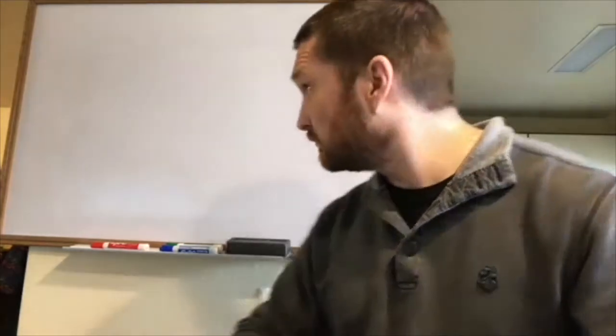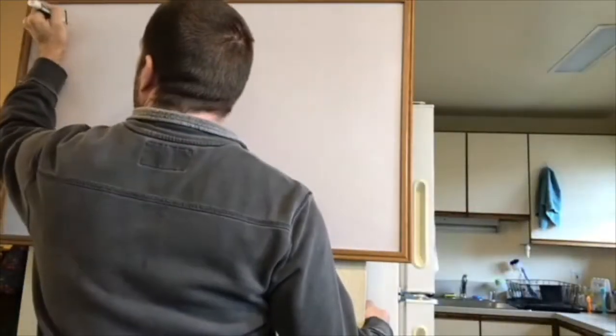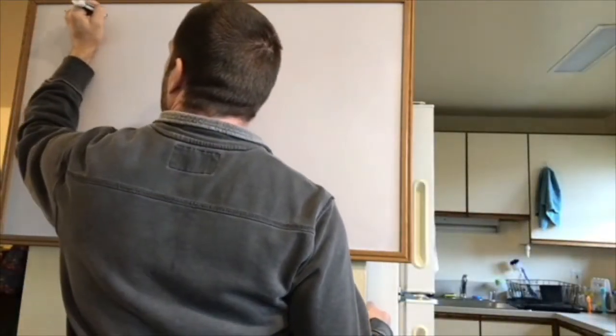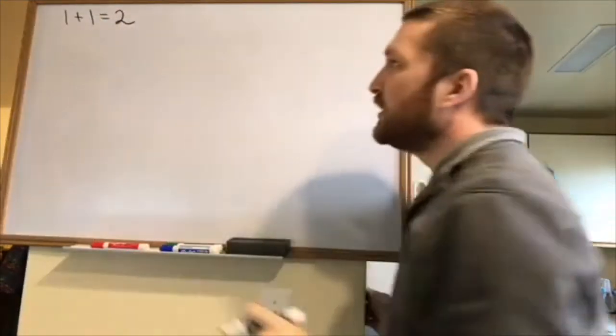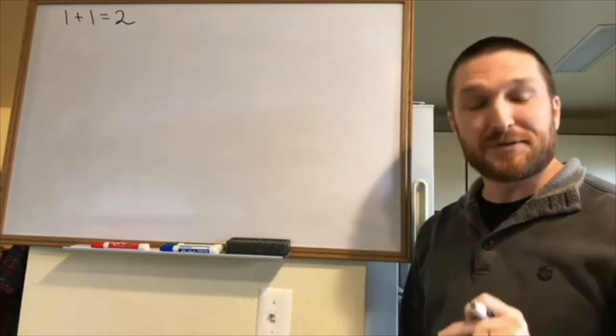In order to do that, we are going to just make observations about equations and what we do with equations. So let's start with an equation. We're going to say, okay, we have this equation. Do you believe that equation? Is that equation true?